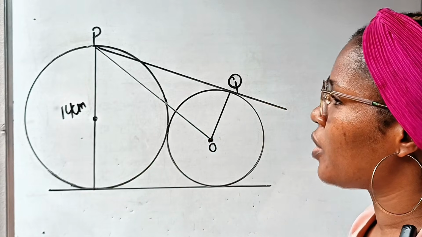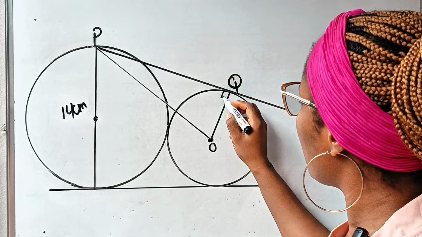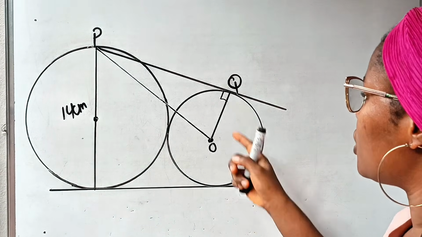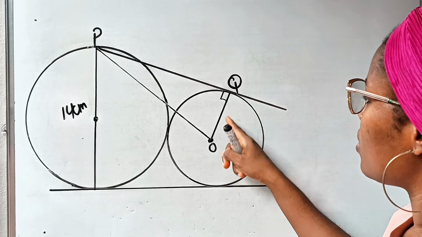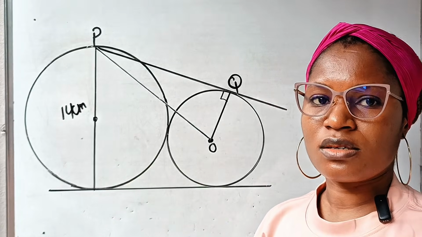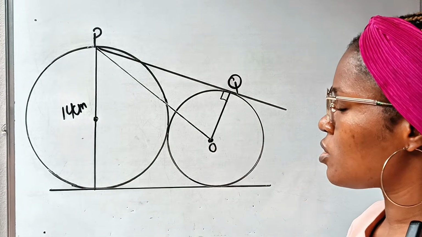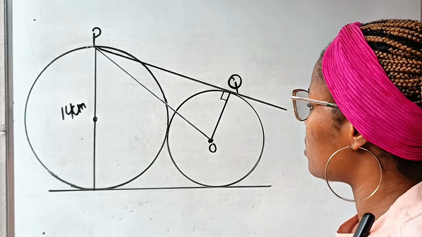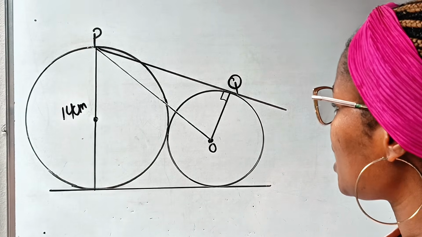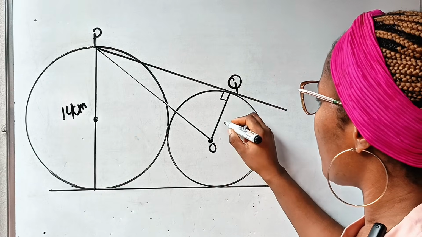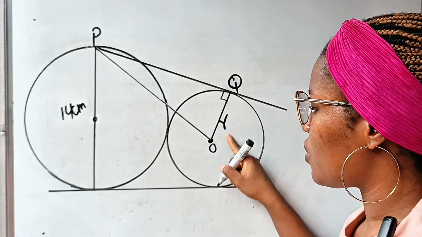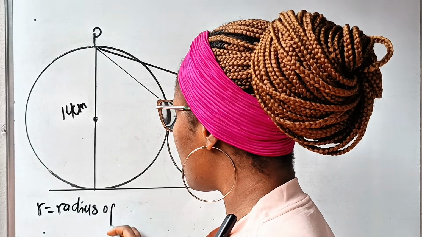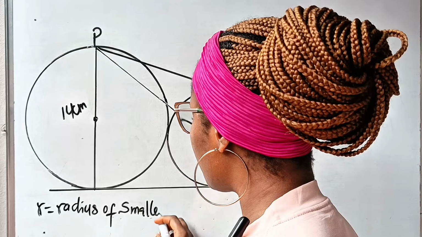Angle P is 90 degrees, because when the radius of a circle meets the tangent at its point of contact, they form 90 degrees. Now let's call OQ R, which represents the radius of the smaller circle.